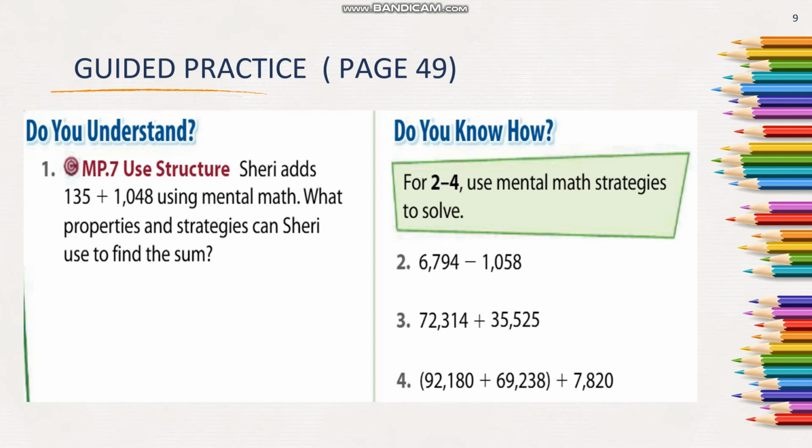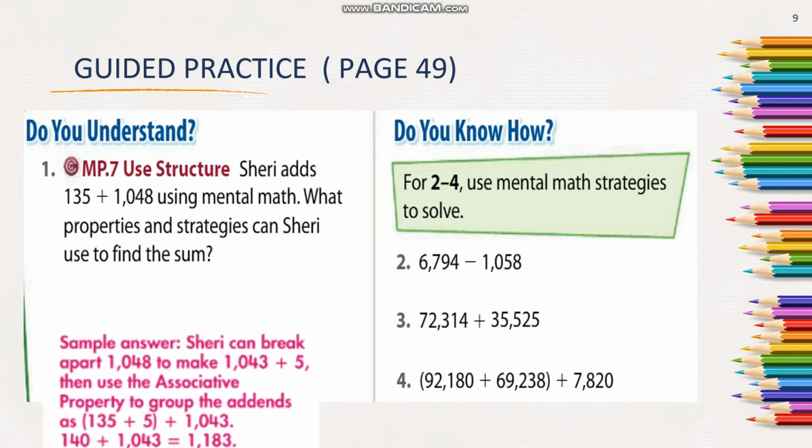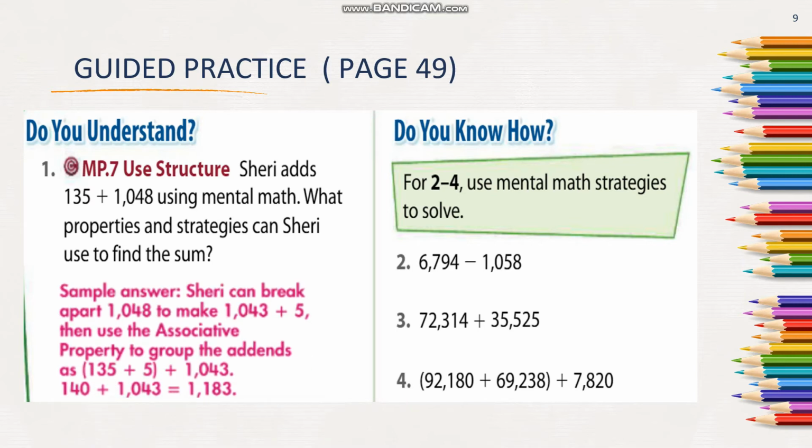Now, let's proceed to the guided practice. Number 1. Sherry adds 135 plus 1,048 using mental math. What properties and strategies can Sherry use to find the sum? So the example is, Sherry can break apart 1,048 to make it 1,043 plus 5.